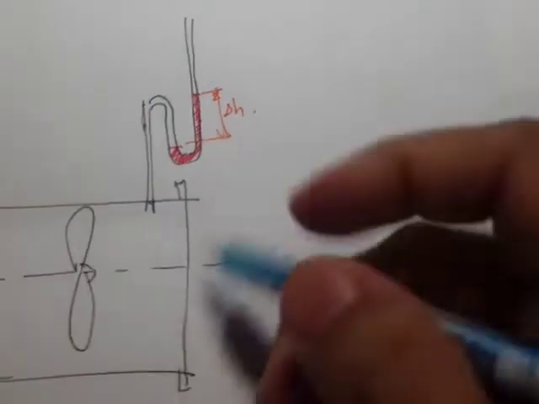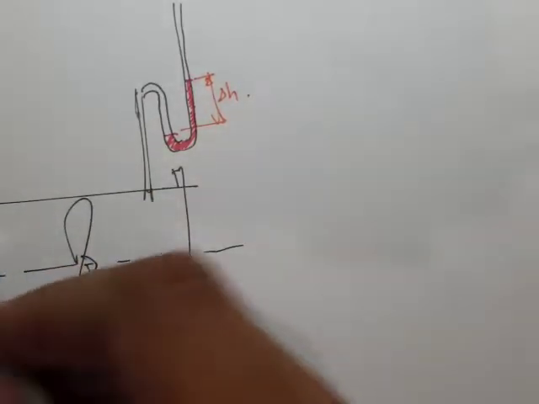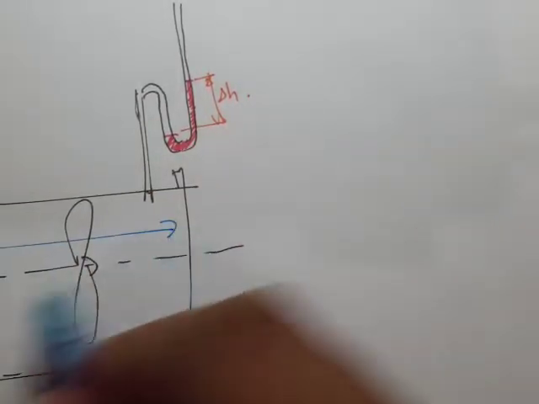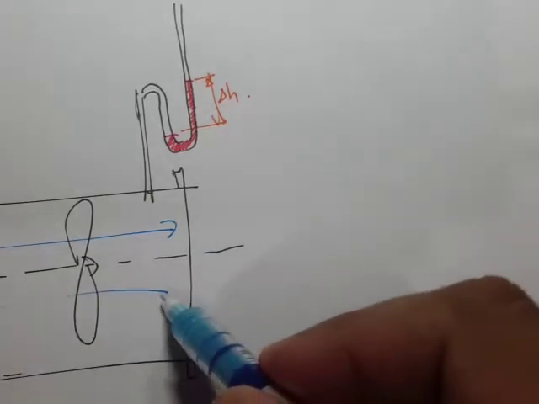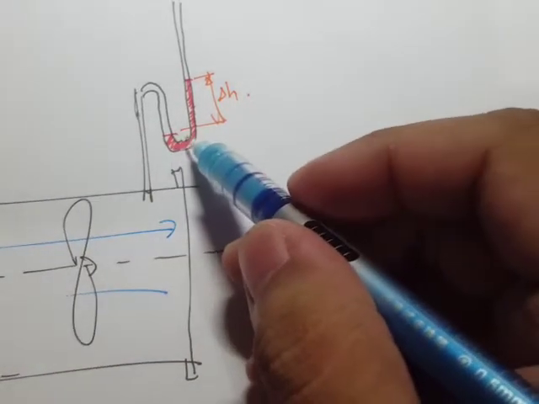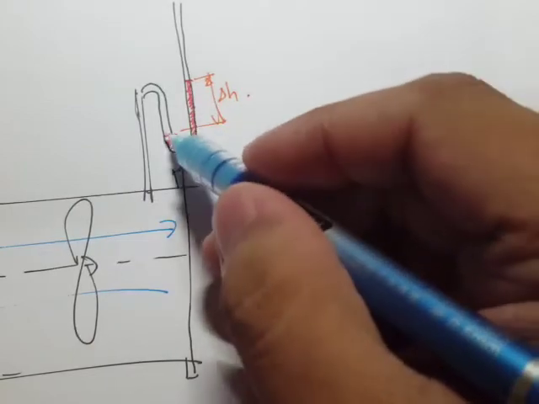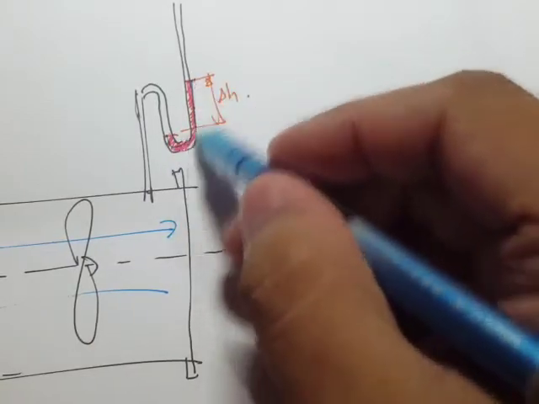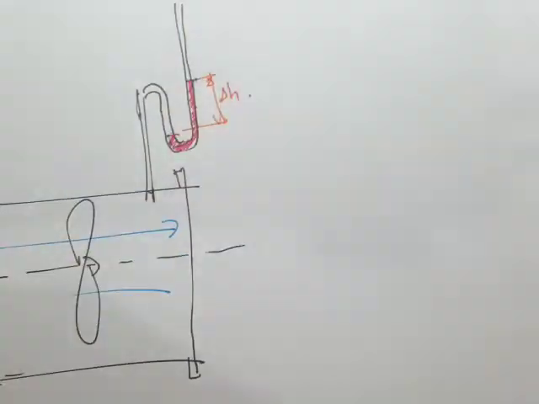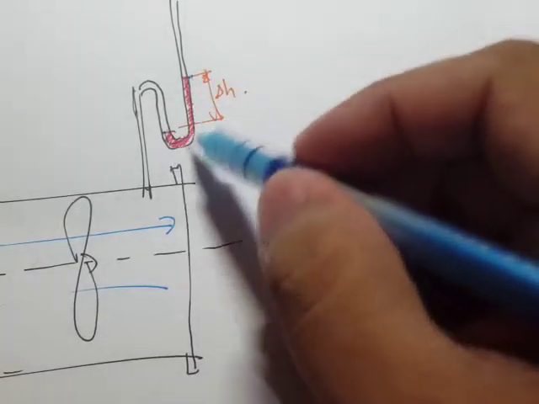Okay, so this is it. Actually, the fluid right here is air, but we have a manometric fluid of water. So that means that this rise right here is referring to the unit weight of the water.